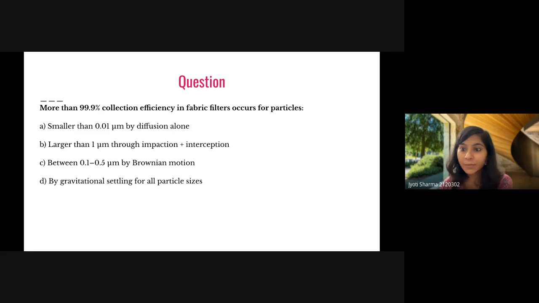Priscilla gave me the B answer. Of course, whenever we have these three mechanisms simultaneously, the efficiency will increase. Yes, so B is the right answer.